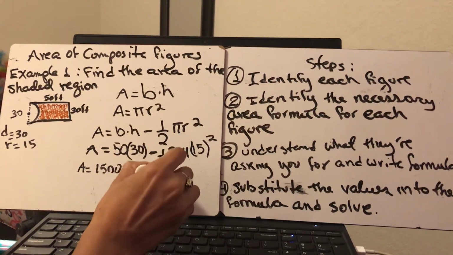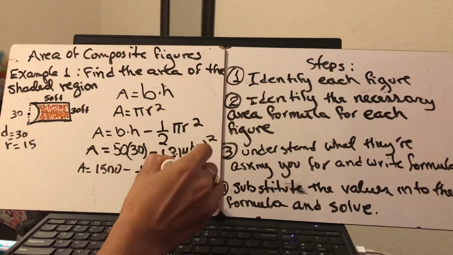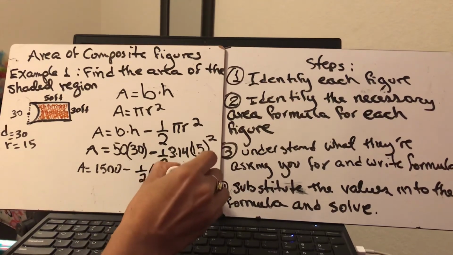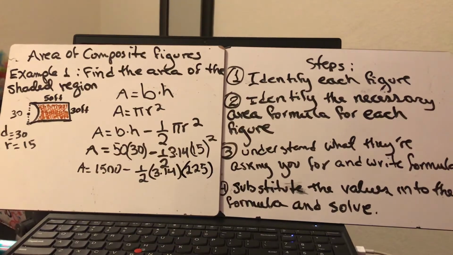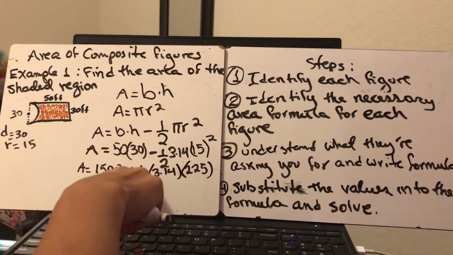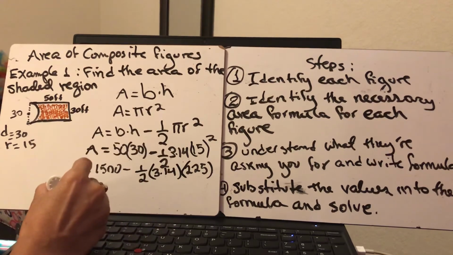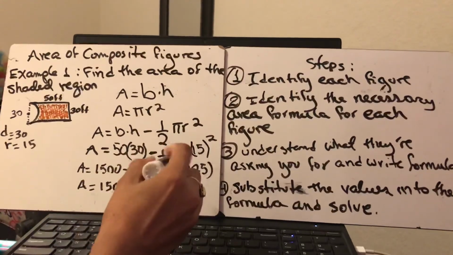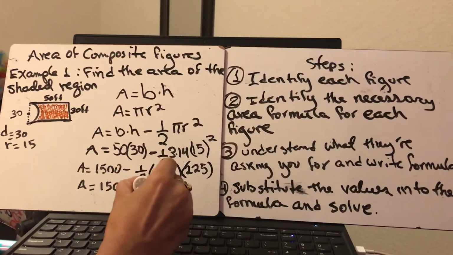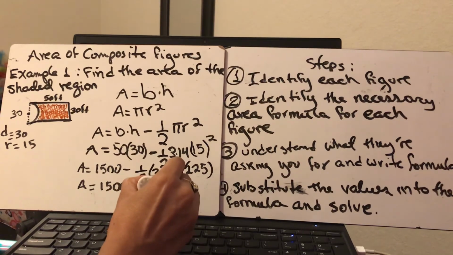Half pi times 225, and I'm just putting it in a calculator. You can do the multiplication here divided by 2. There's different ways of doing this, and I like to do it this way. That is 353 when I divide it by 2.